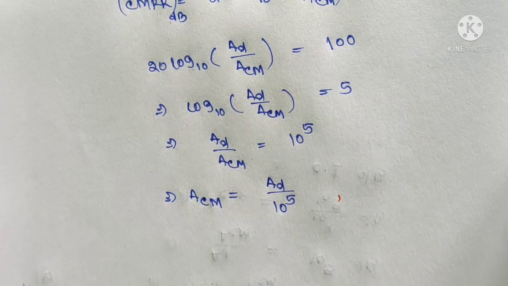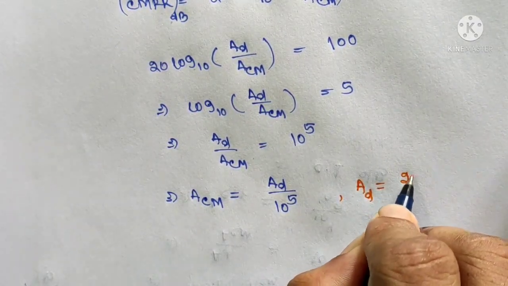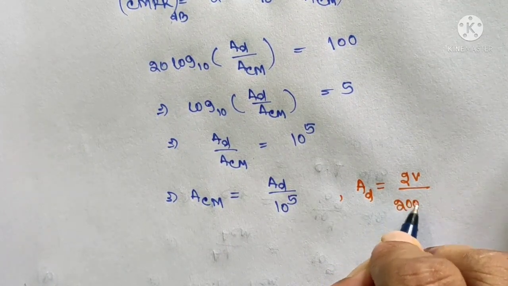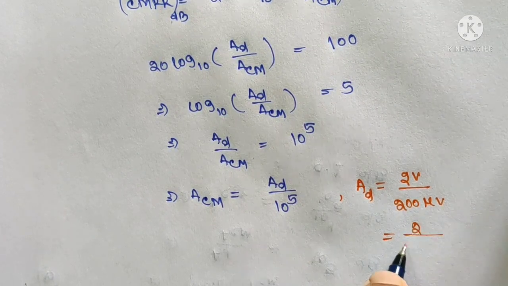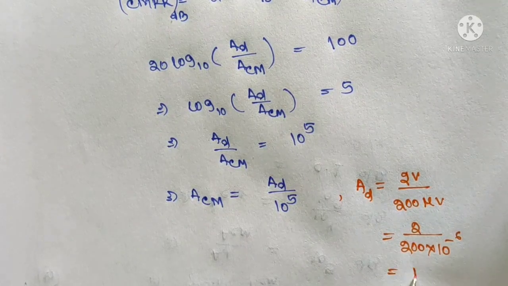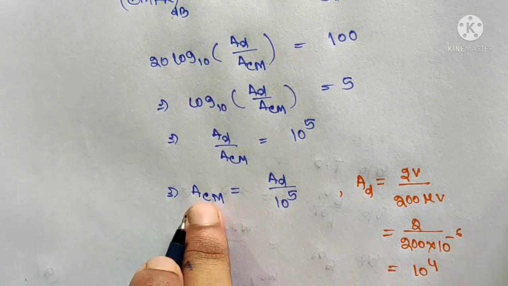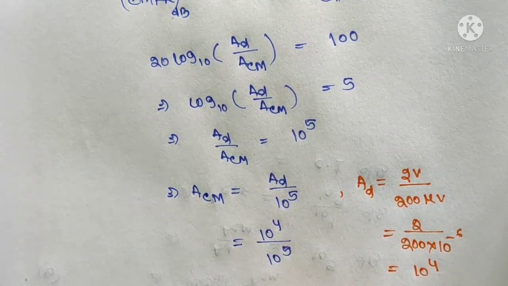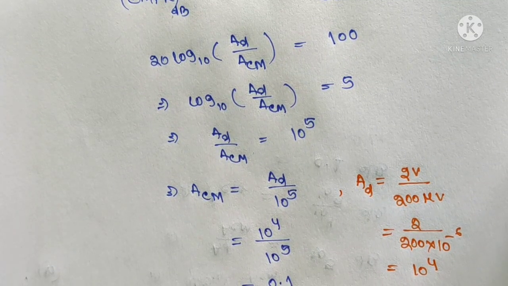Now according to the question, differential gain AD is given by output voltage 2 volt over input voltage 200 microvolt, or that is equal to 2 by 200 into 10 to the power minus 6, or that is equal to 10 to the power 4. So common mode gain equals to 10 to the power 4 by 10 to the power 5, that is equal to 0.1. So your correct option is option B.